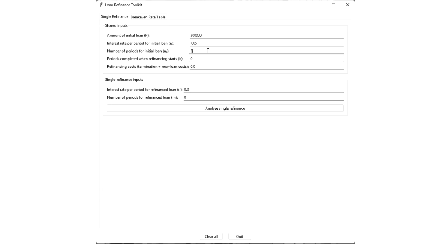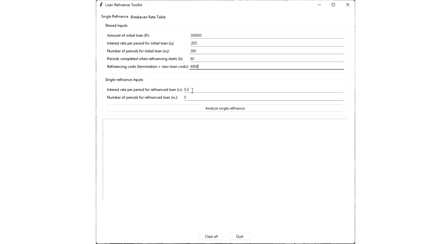So it was 12 payments a year, so 360. Then they decide to do the refinancing after 5 years, so 60 periods. And then we decided that the refinancing cost was $6,000. You can play around with this when you download the tool.